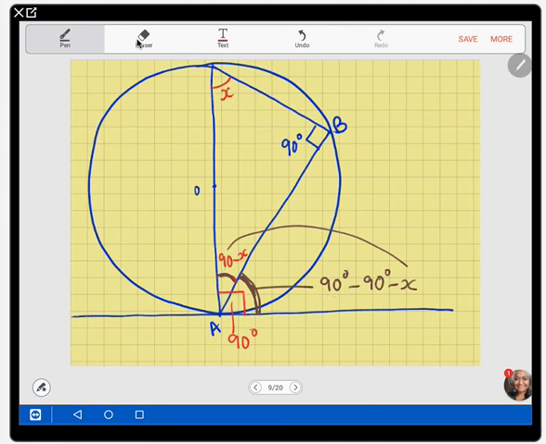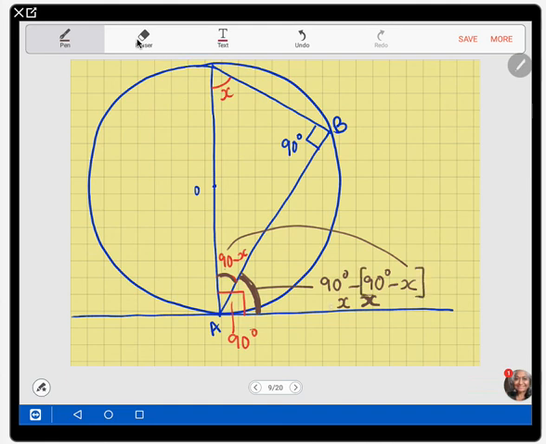So 90 minus (90 minus X). That would be X here. You see, I missed something.